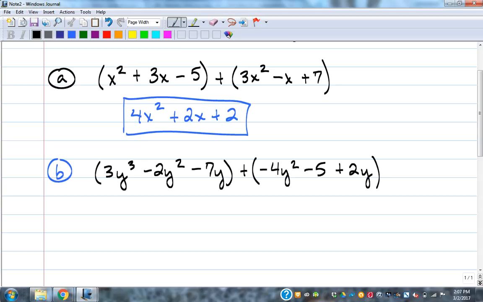Which one's the biggest one? By biggest, do I mean the coefficient or do I mean the exponent? Exponent. So the biggest exponent would be cubed, y cubed, right? So are there any like terms to the 3y cubed? No. So we're just going to copy that guy down. Or girl, I'm not sure. So I'm done with him. Or it.